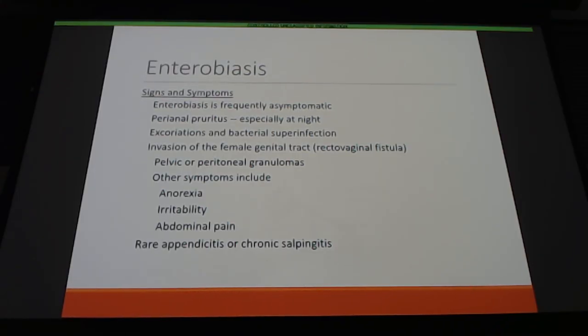Now, it's going to cause vaginal itching, and it's going to cause several other things once it gets into the vaginal canal. So it's important to ensure that if you are looking at older females, they do not have rectovaginal fistulas.